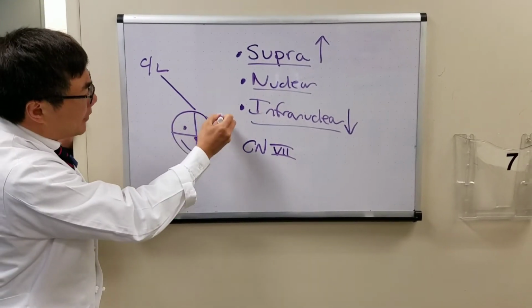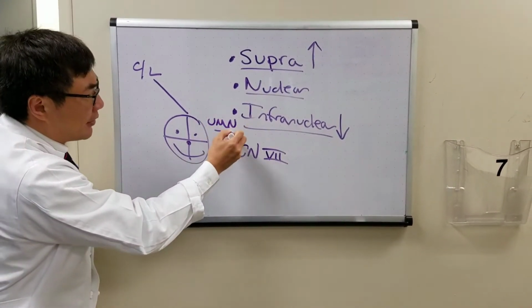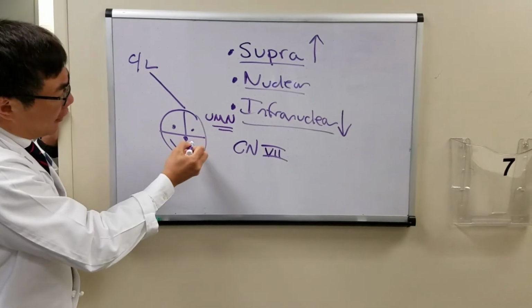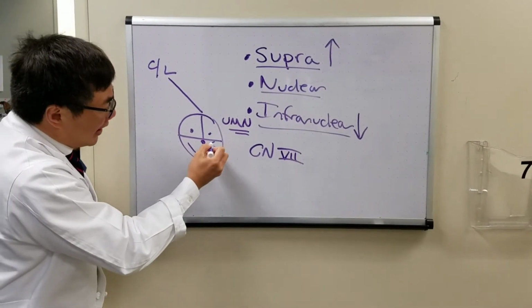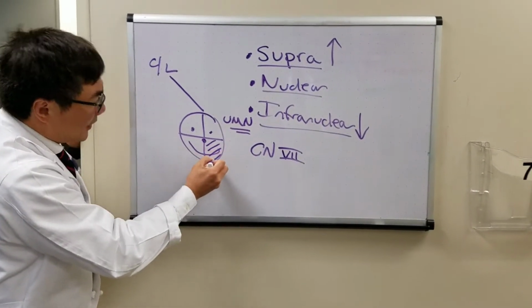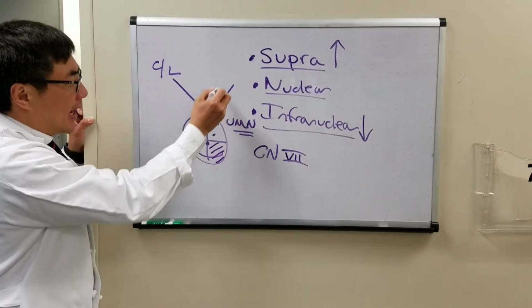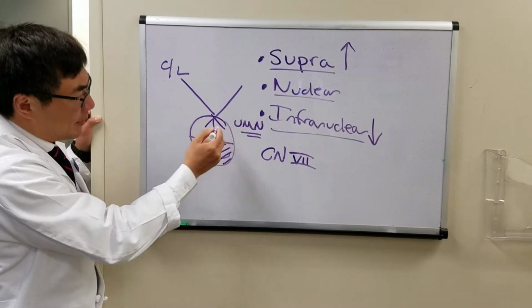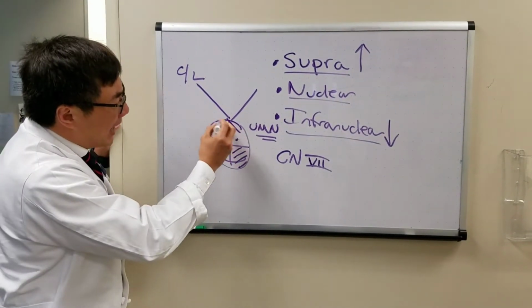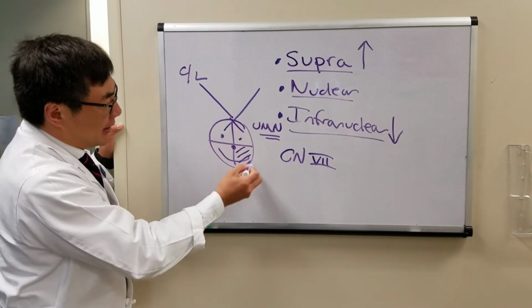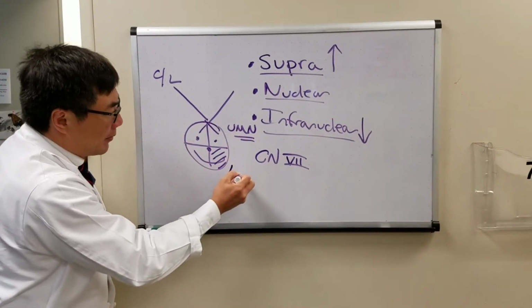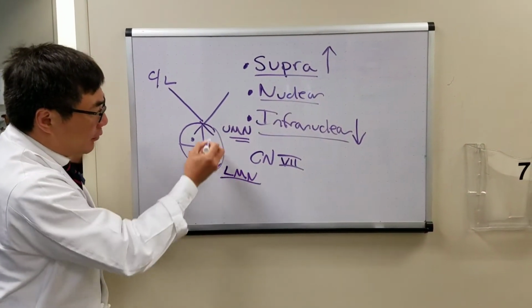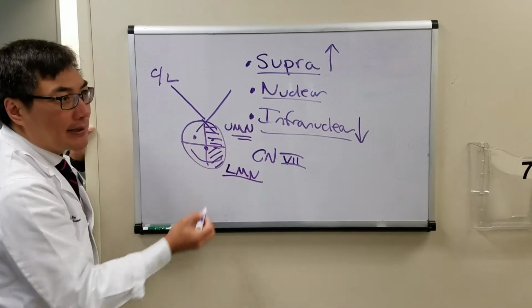And so an upper motor neuron seventh nerve paresis will involve just the lower face because the contralateral cortex is supplying the upper face. Because we have bilateral innervation to the upper and lower face, a lower motor neuron seventh will cause the entire face to be out on that side.